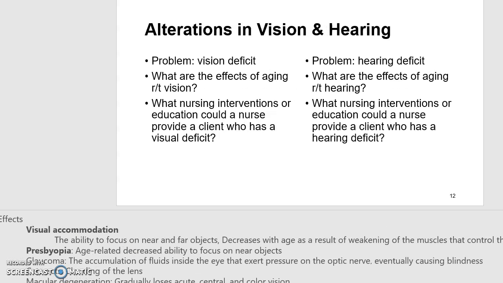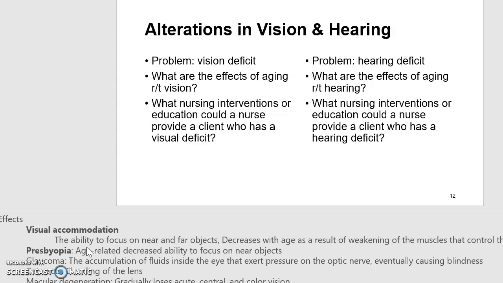When we look at alterations in vision and hearing, we'll talk about vision first, and we see a lot of vision deficit with aging. So some things that change in older adults is the visual accommodation, or the ability to focus on objects, whether they're near or far.